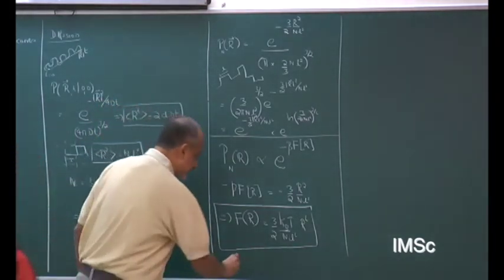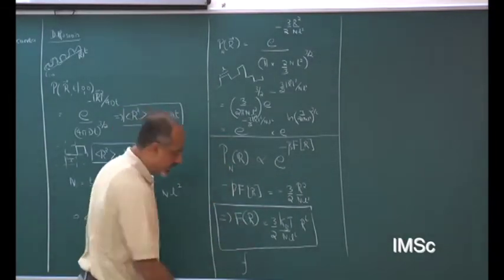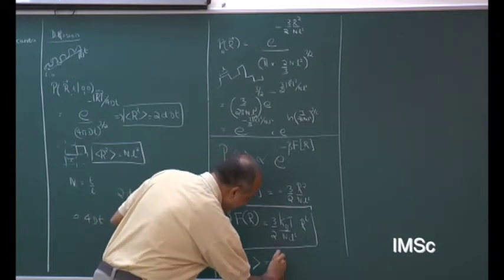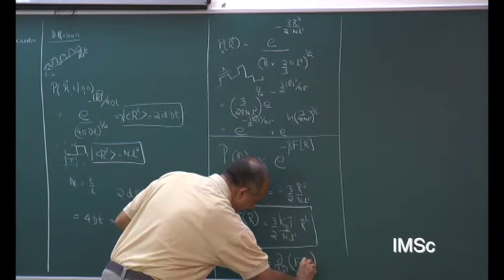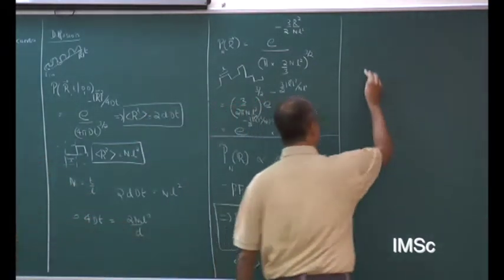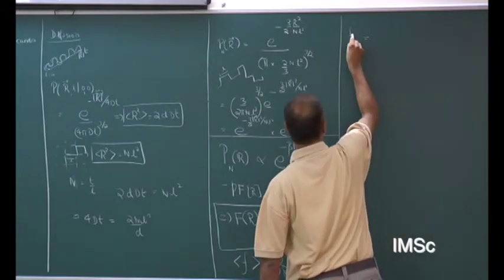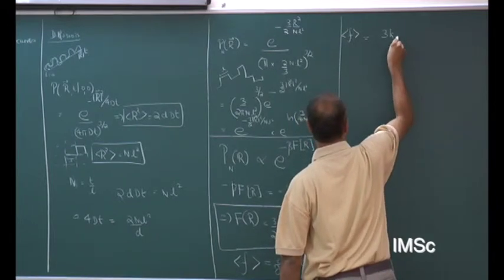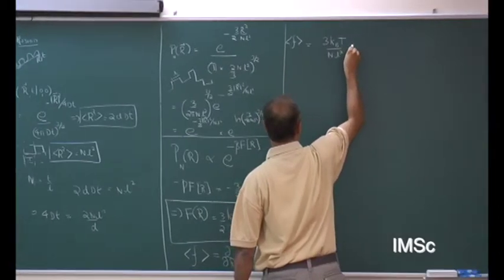So from here I can say the average force required to maintain the end-to-end distance R must be delta by delta R of F of R, from our old thermodynamic results. So if I do that, I pull the factor of 2 down, and this implies that the average value of the force that is required is thrice kBT divided by n times L squared times R.